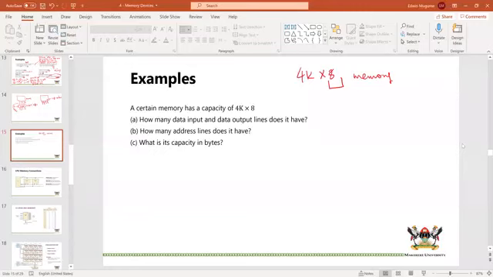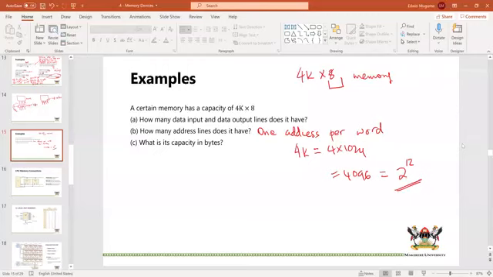How many address lines does it have? We need 1 address per word or per register. And so 4K is 4 times 1024, which is 4096, which in terms of powers of 2 is 2 to the power 12.